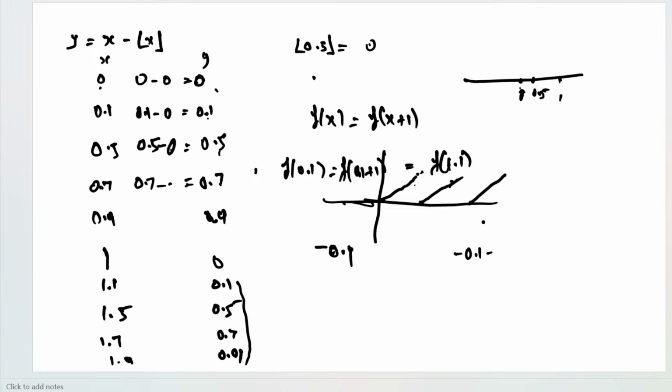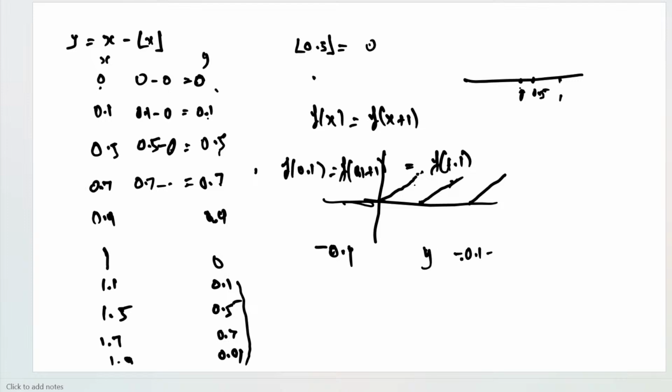You're not getting 0.1, no? Minus 0.1? It's minus 1 now. Minus 0.1. What is y? You're talking about y, no? What is y?